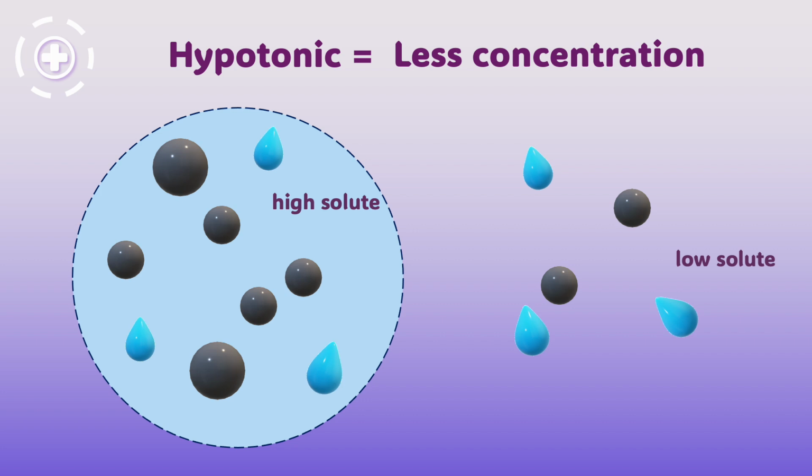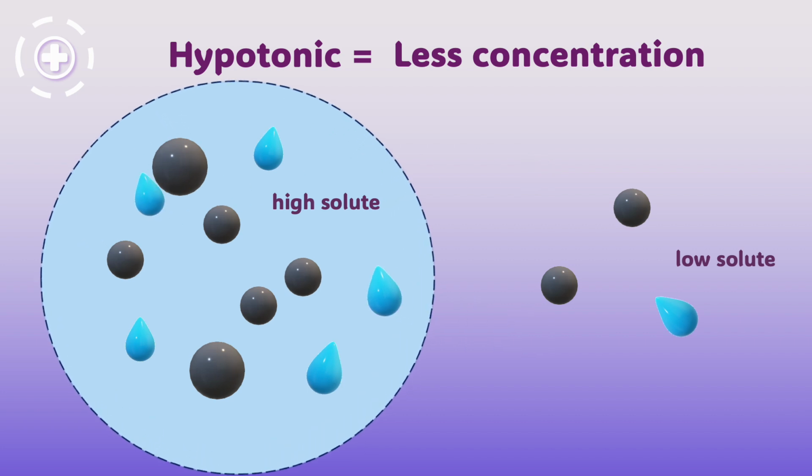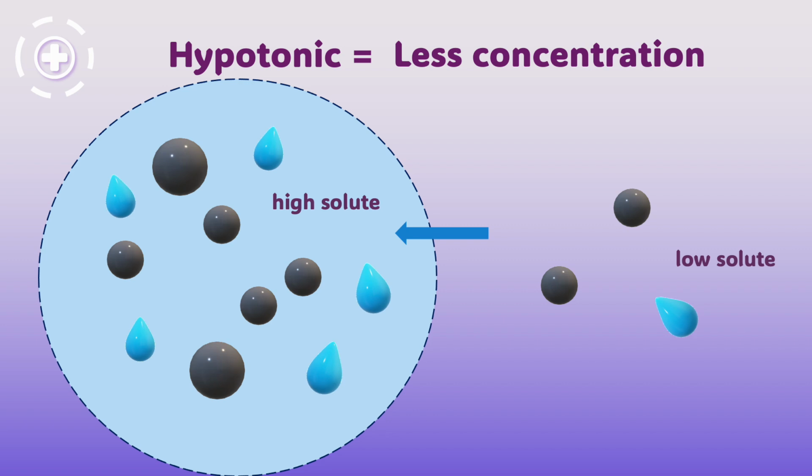So in a hypotonic environment, the outside has less solute than the inside of the cell. Water will need to move inside of the cell to balance this out. As you noticed, when water moves in, the cell grows larger or starts to swell.